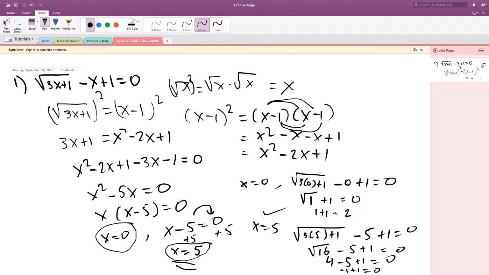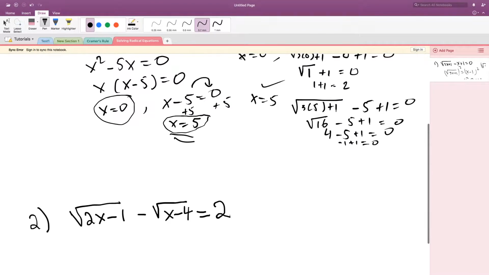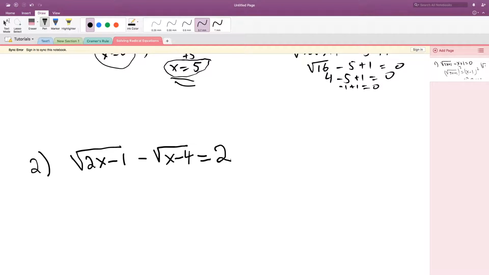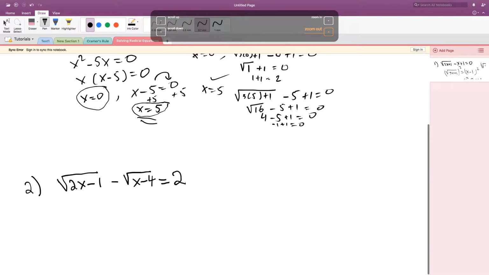Alright, so let's look at the second example, which I have here. Going to zoom out a bit. So the first thing here is, we have two terms with radicals.